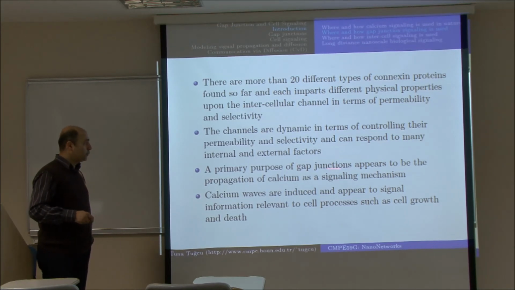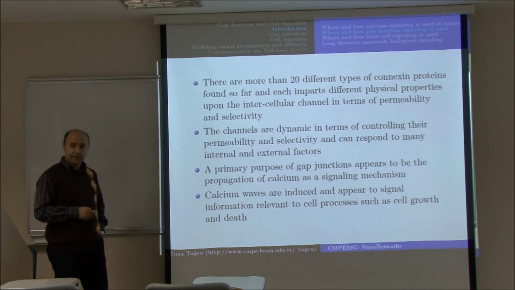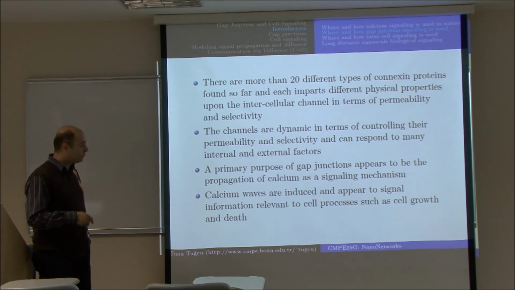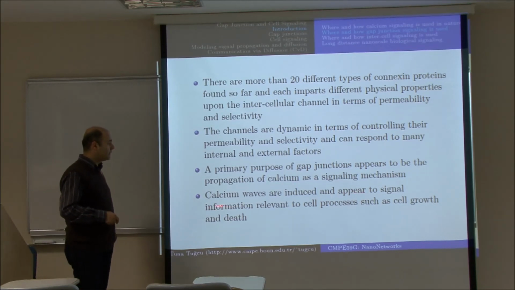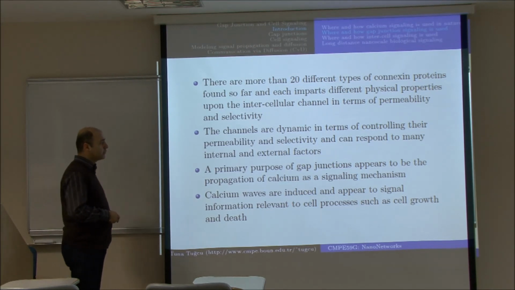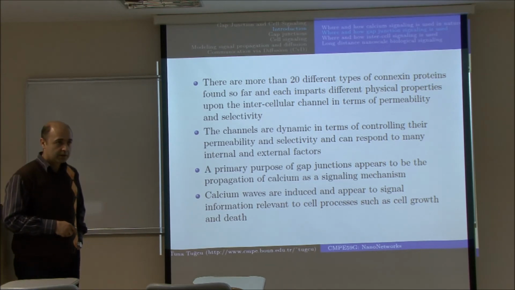A primary purpose of the gap junctions appears to be the propagation of calcium as a signaling mechanism, but calcium is not the only one, as we mentioned, but it's the most well-known one. And the calcium waves are induced and appear to signal information relevant to cell processes, such as cell growth and also the death of the cell. Okay?